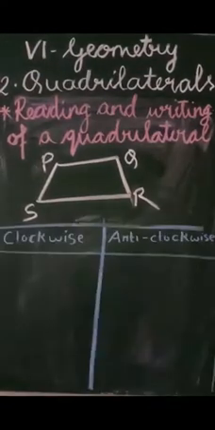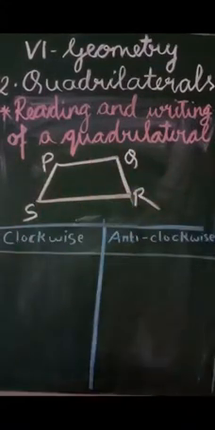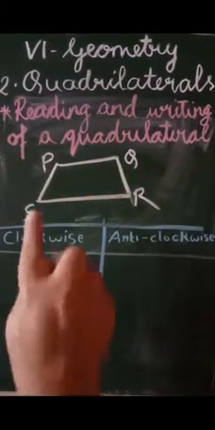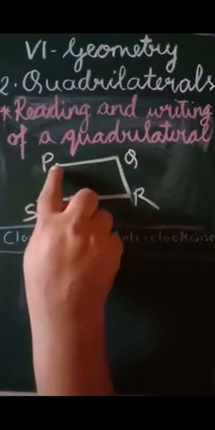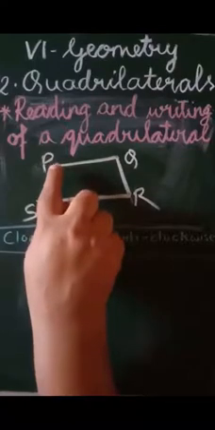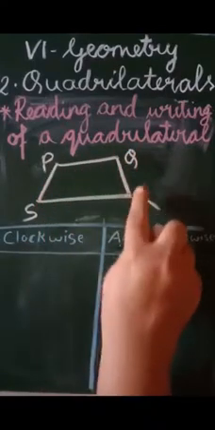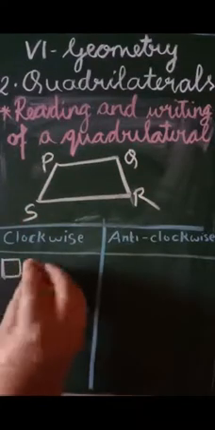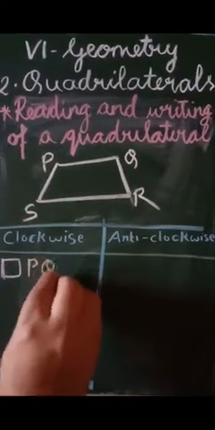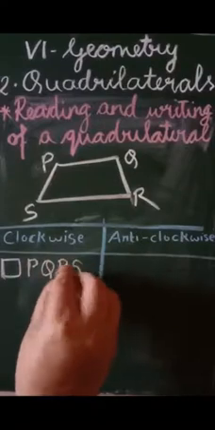So now we will first write the names of the quadrilateral in a clockwise direction. I'll select vertex P. Suppose I want to start from P, then clockwise how will it go? Quadrilateral PQRS. So I'll write quadrilateral PQRS.